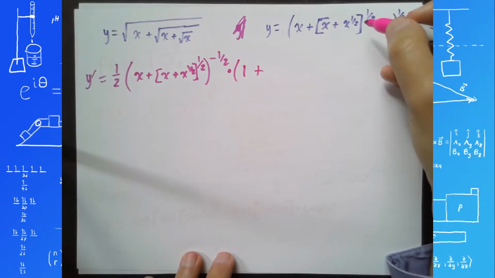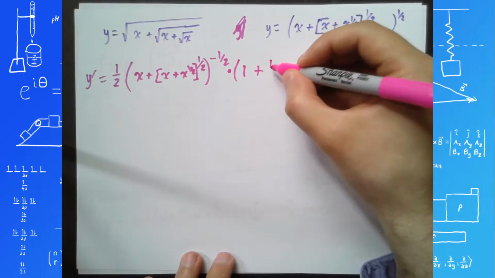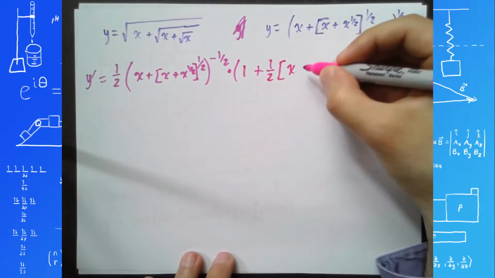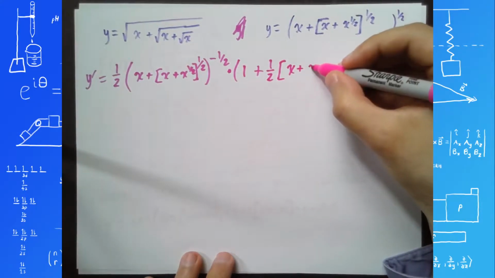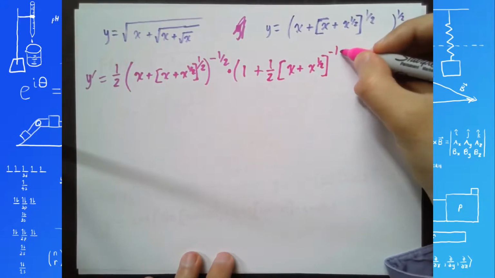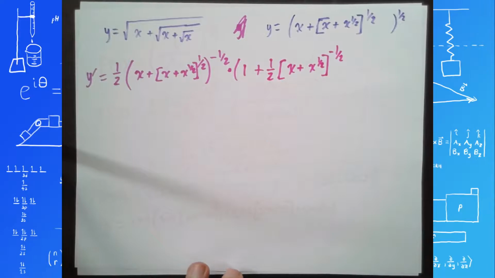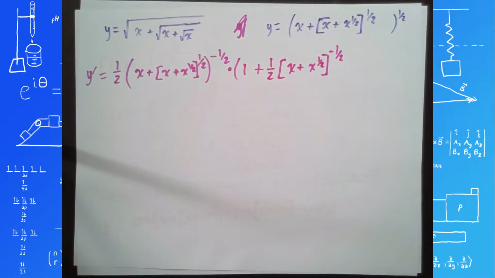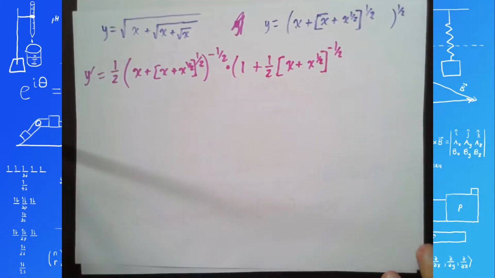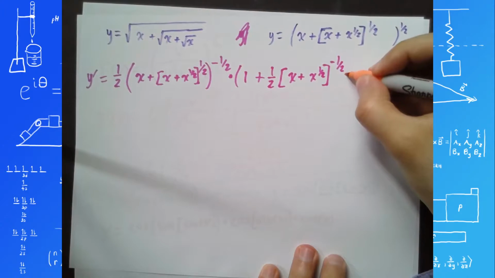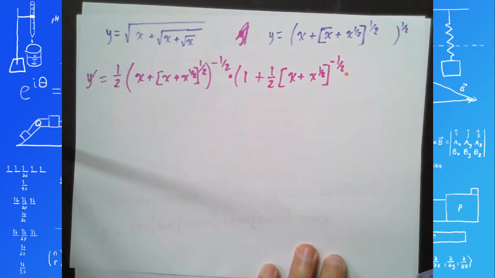the derivative of this stuff is yet another chain rule, so that's going to be 1/2 x plus x to the 1/2, to the negative 1/2, and then multiply this by, and I guess I'll switch colors here, the derivative of the inside.